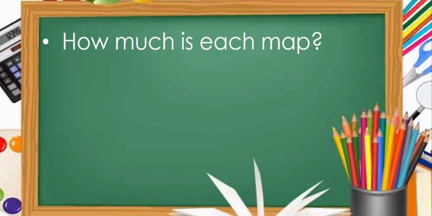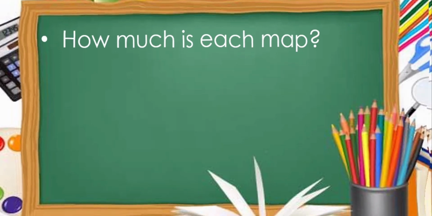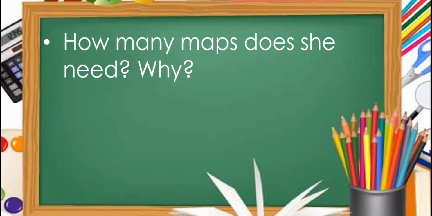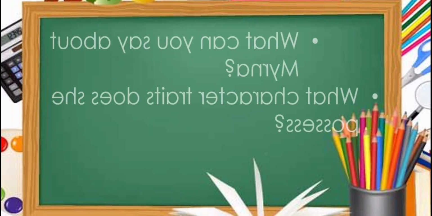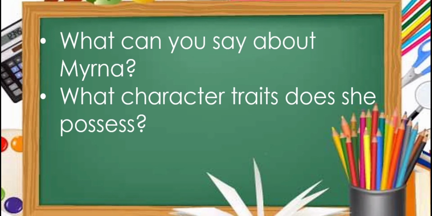How much is each map? Correct. Each map costs 12 pesos. How many maps does she need? She needs 3 maps for her and her two cousins with the same grade level as her. What can you say about Myrna? What character traits does she possess?